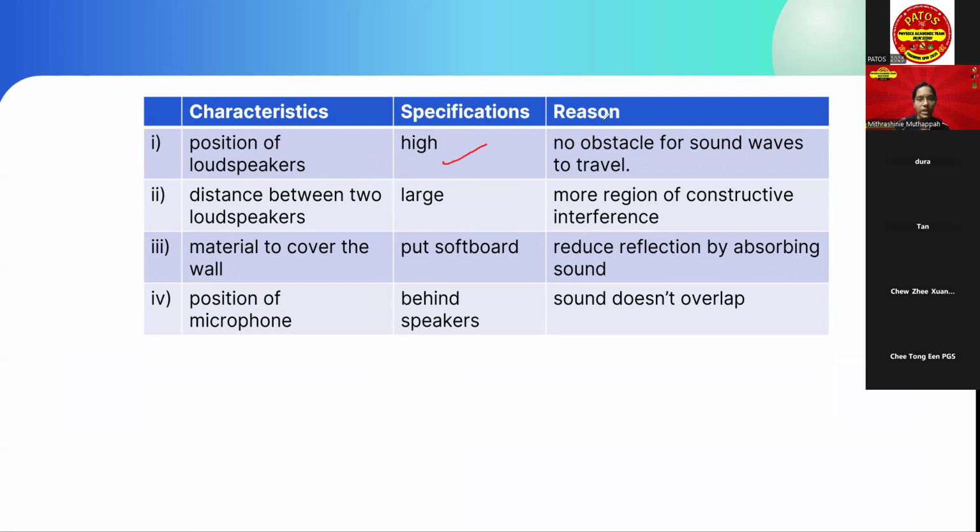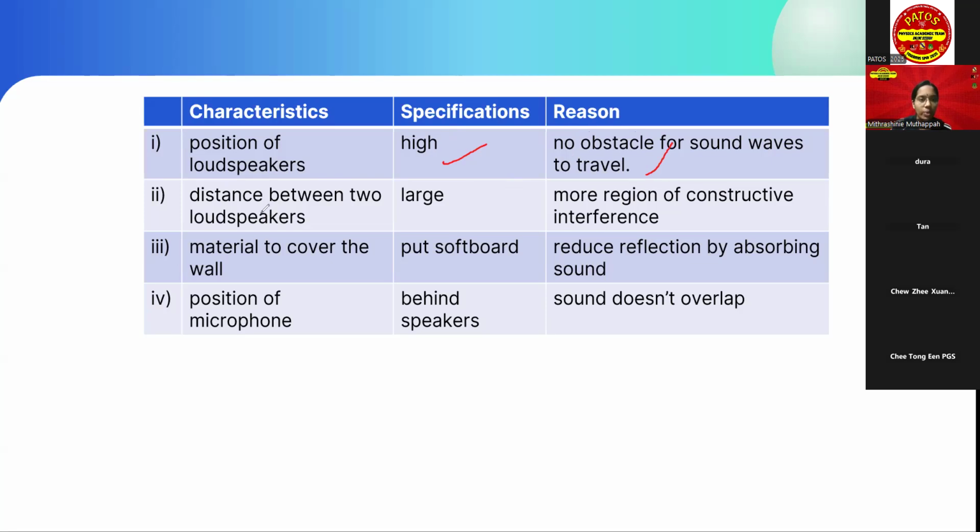If it's lower and the audience is in front of it, they are blocking the sound waves from traveling, so maybe it won't produce good quality of sound. So we get 1 mark for our specification and 1 mark for our reason.